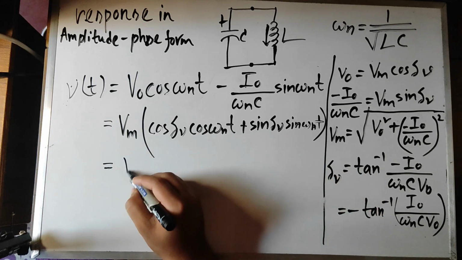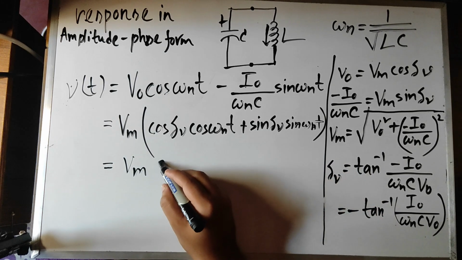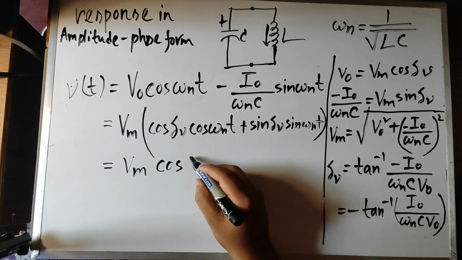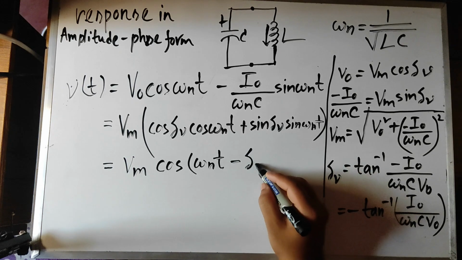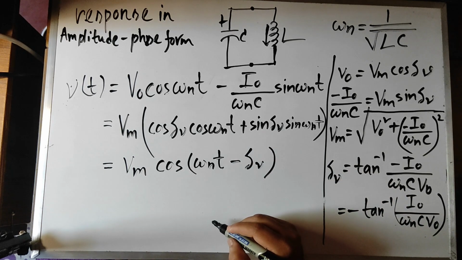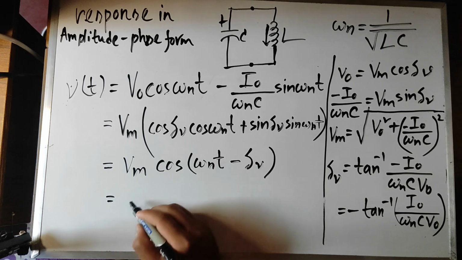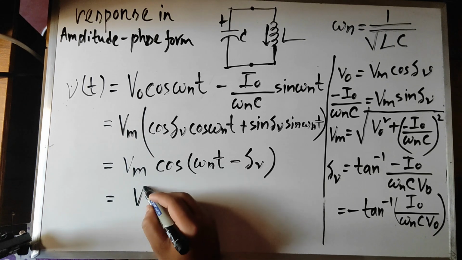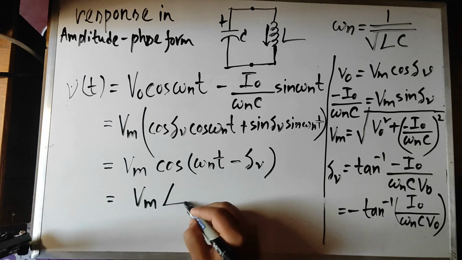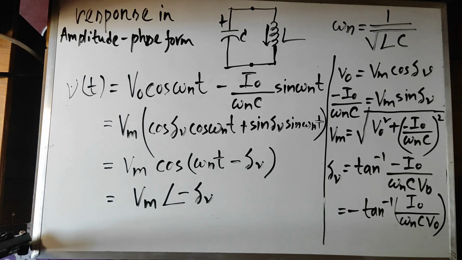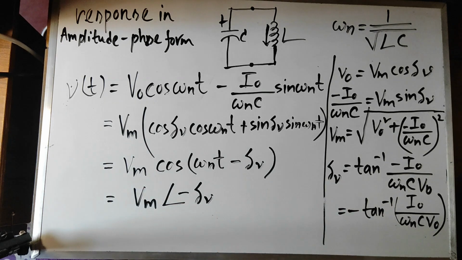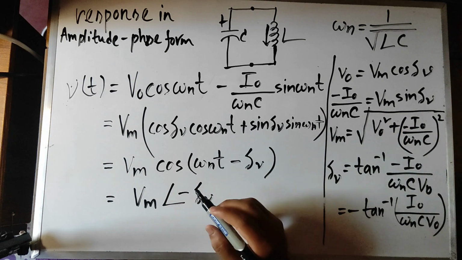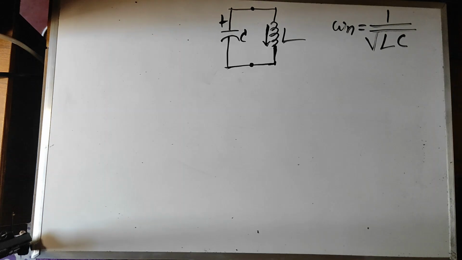We can write this as Vm cos omega n t minus delta V, and in phasor form this is Vm angle minus delta V. So this is the amplitude phase form for the voltage response of the LC source free circuit.